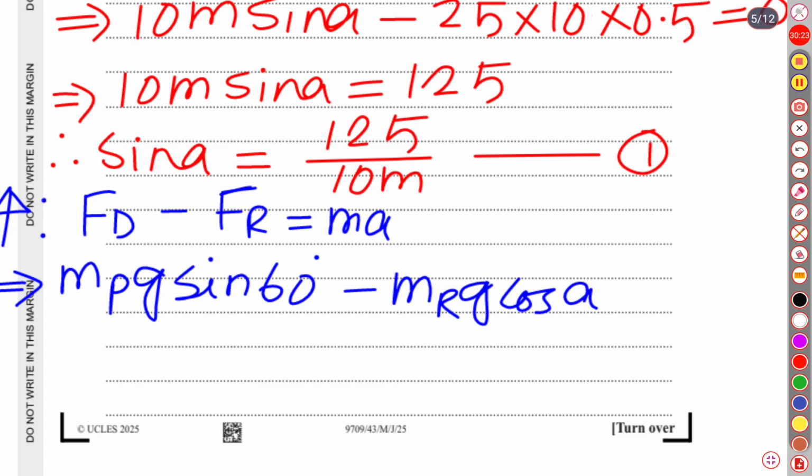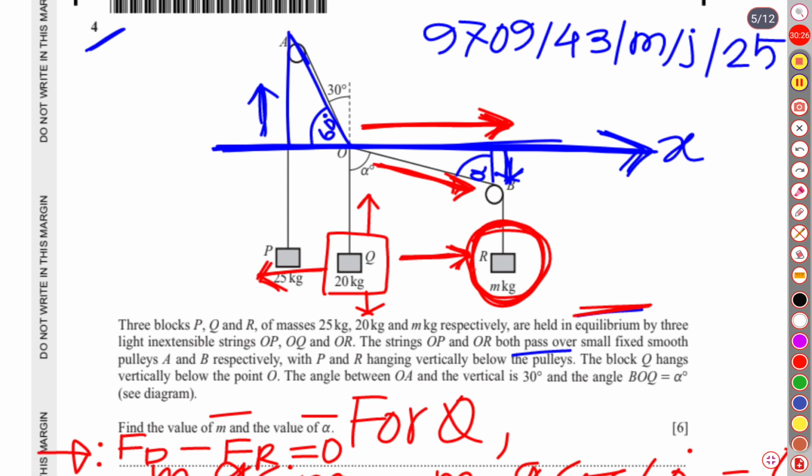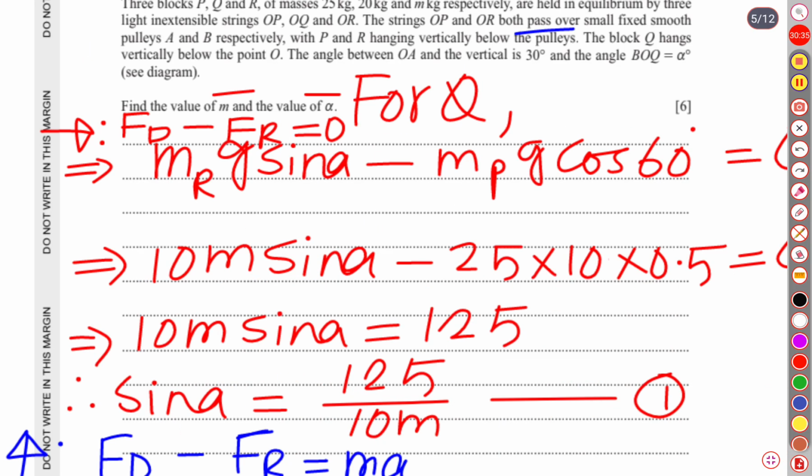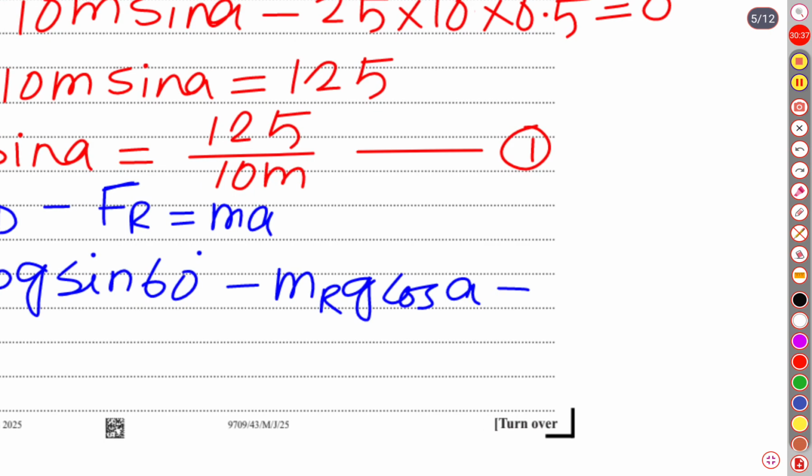And we are not ignoring the weight of Q also. Look at this weight of Q, that is also a downward force, which is mQ g sine 90 degree.